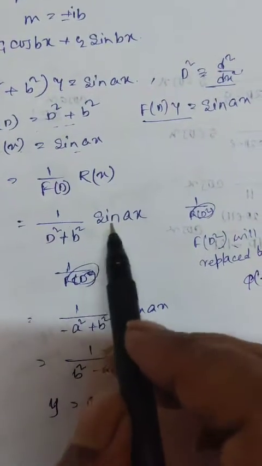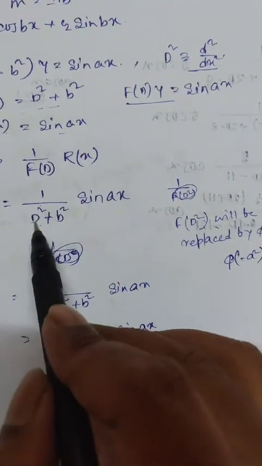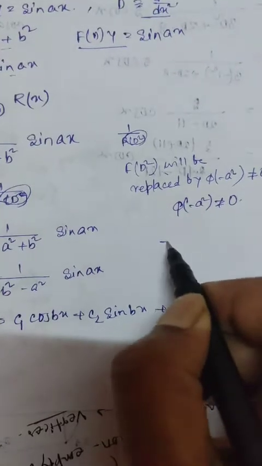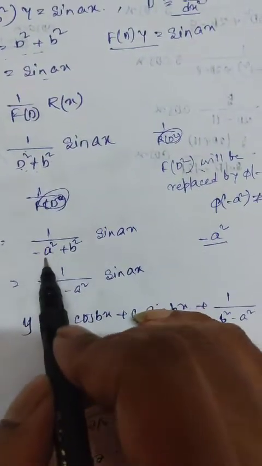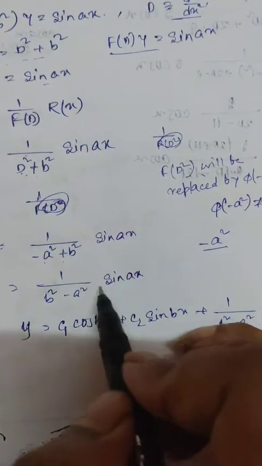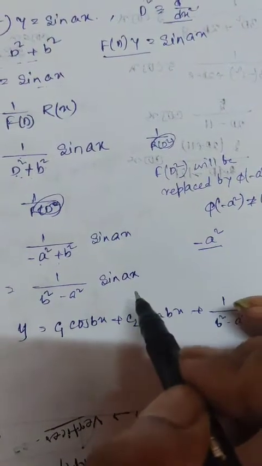So here we have 1 by d square plus b square sin x. Here only d square will be replaced by minus a square. So we get 1 by minus a square plus b square sin x, and if we rearrange it we write 1 by b square minus a square sin x.